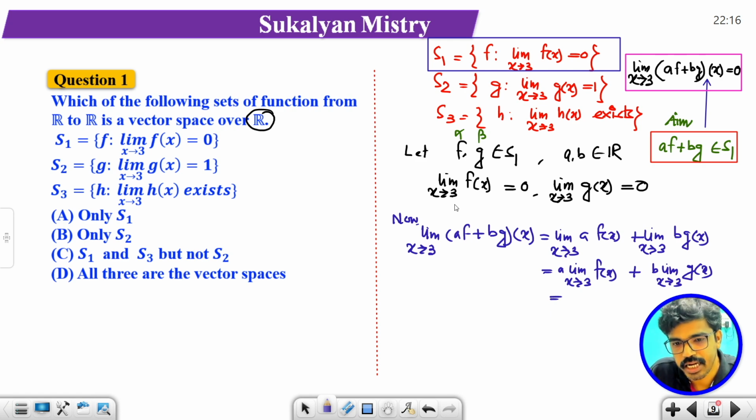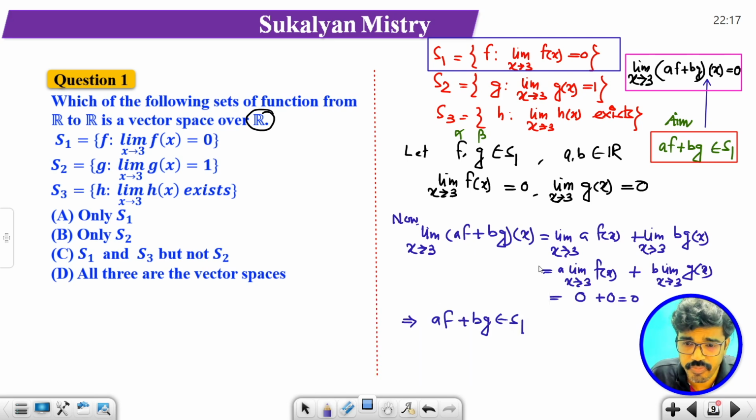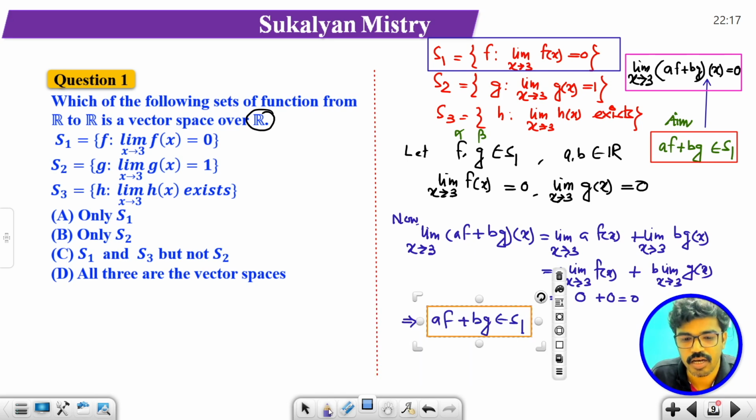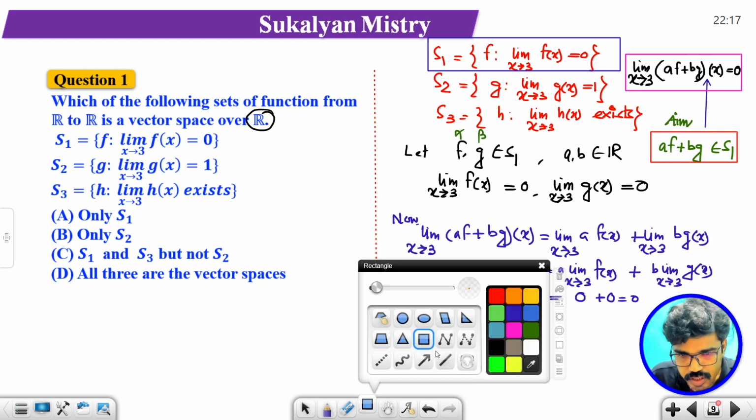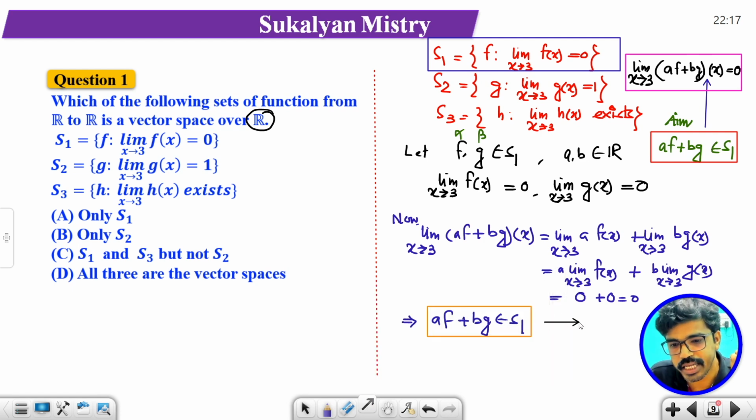It is given that limit of f(x) is equal to 0, so this will be 0, this is also 0, so ultimately 0. So from this we conclude that af plus bg belongs to S1. That means S1 is a subspace, so it is itself a vector space, so S1 will form a vector space.